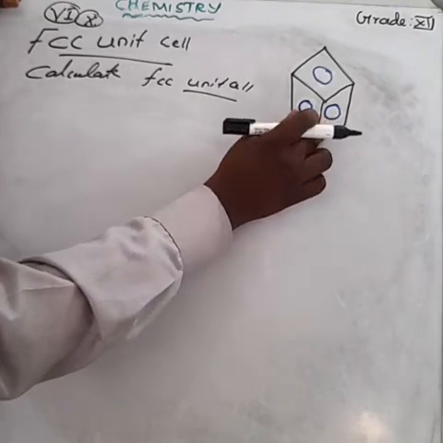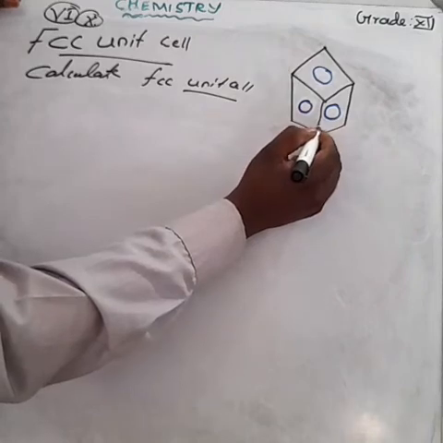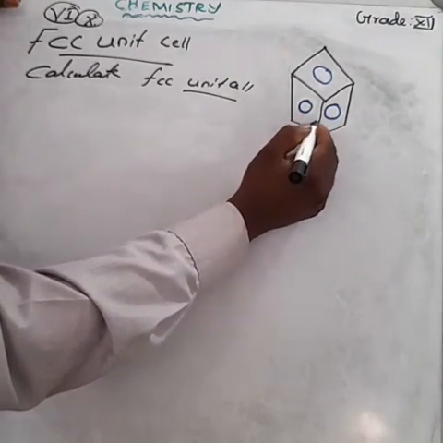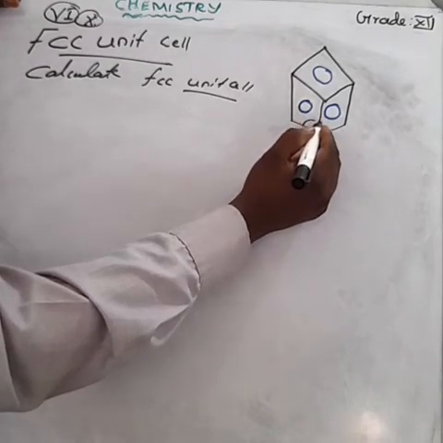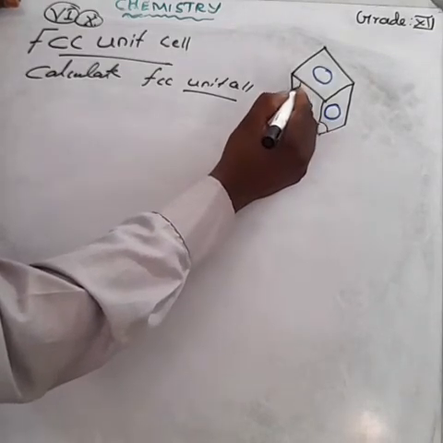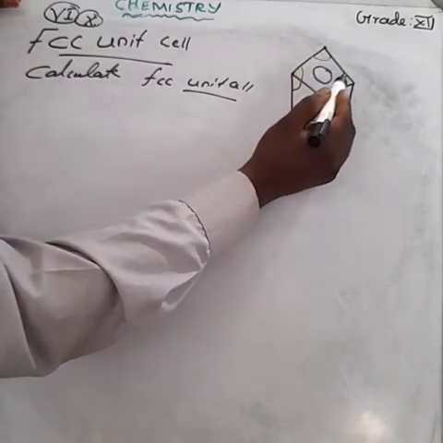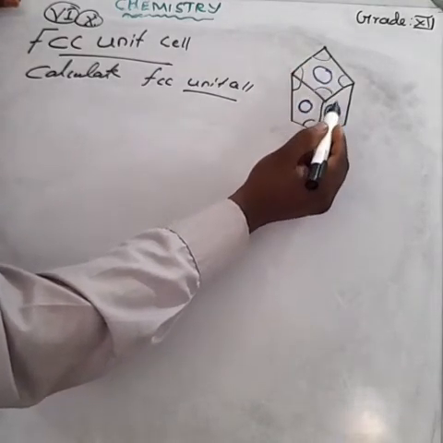I will simply draw one face-centered unit cell. I am drawing it simply. First I draw the three visible faces, because the remaining three faces we can't see. The back side I will draw later.